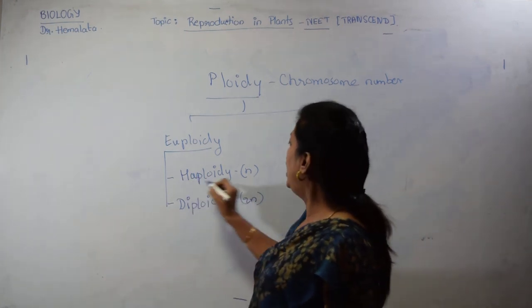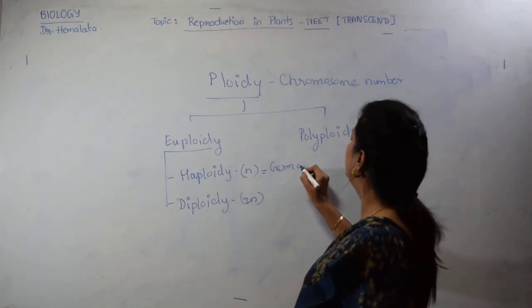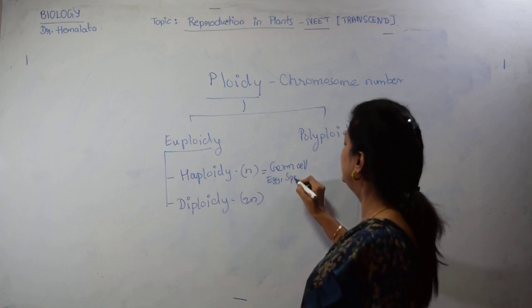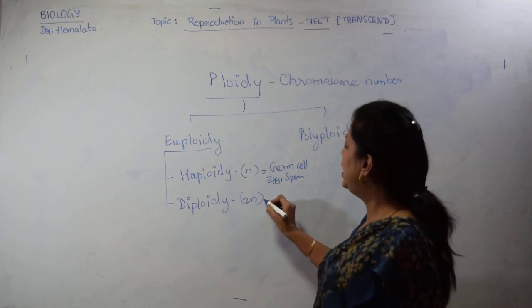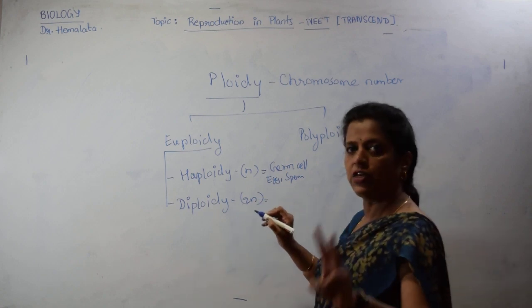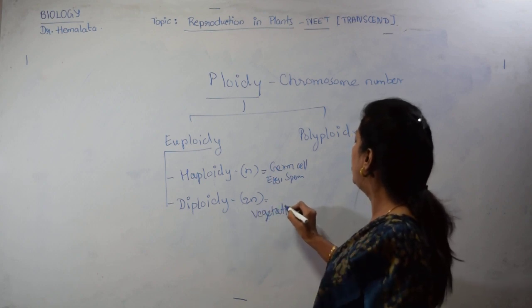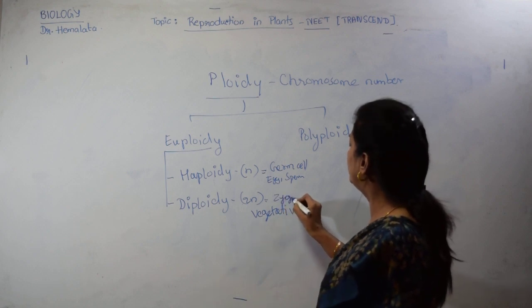This haploid number is common in all the germ cells like the egg, the sperm or the pollen grains. They will have a single set of chromosomes. Diploidy means they have 2N number, there are two sets of chromosomes. This is found in all the vegetative cells or somatic cells, starting from the zygote.